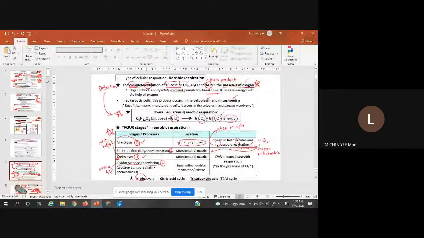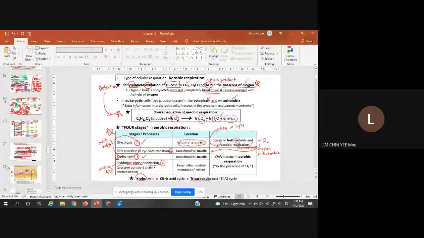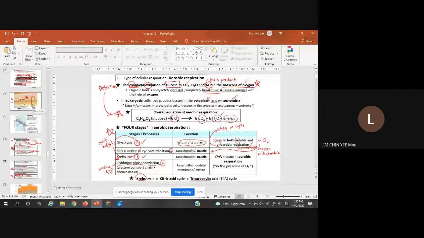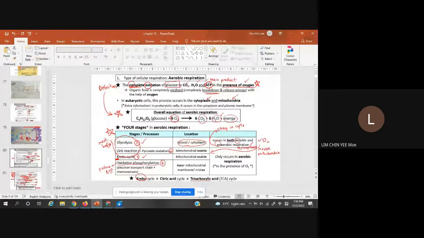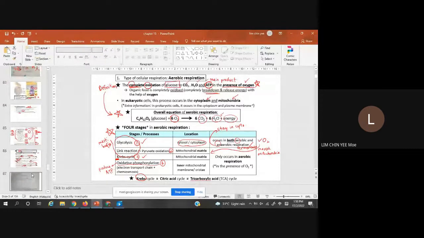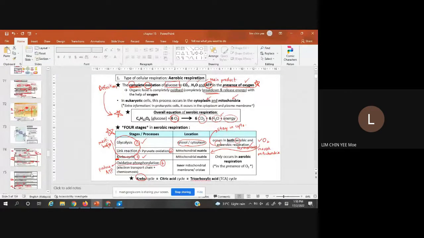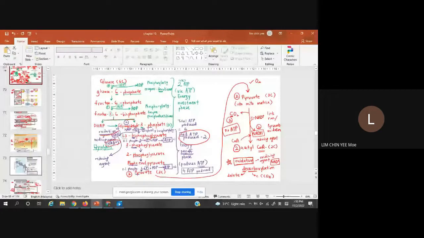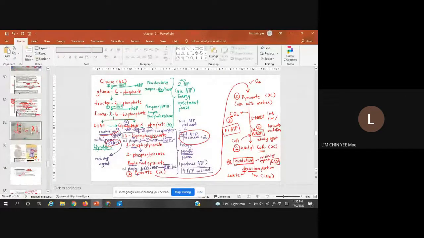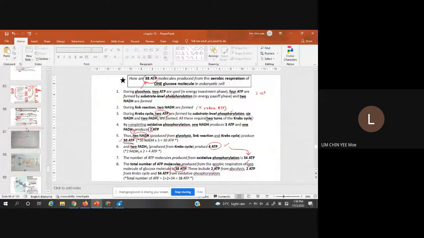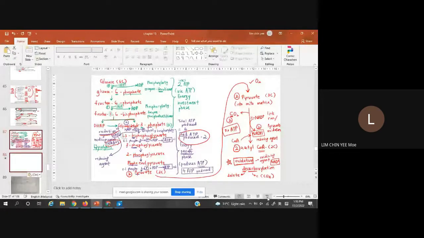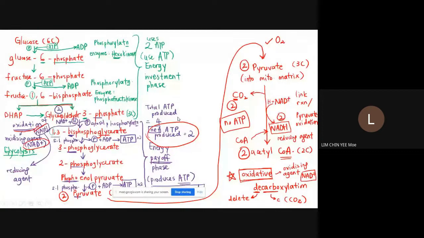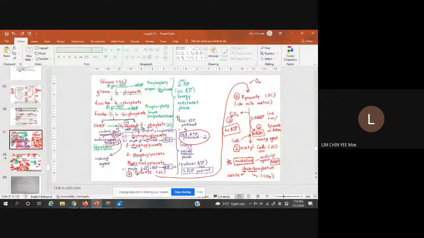And now, let's just go through ETC and chemiosmosis again. Okay, we learned it yesterday, so I will go through everything again. Let's go through all the steps in aerobic respiration, and then we will go through oxidative phosphorylation again. You learned that for aerobic respiration, we have 4 stages.